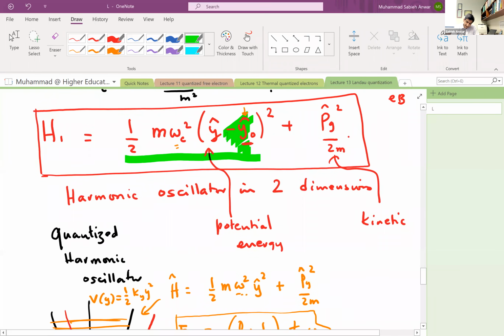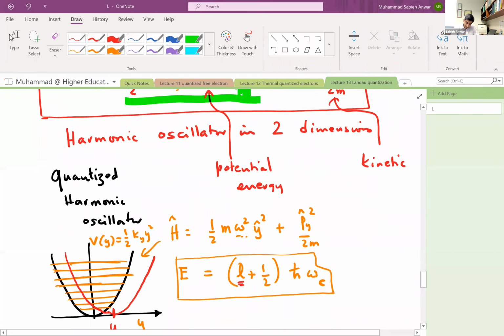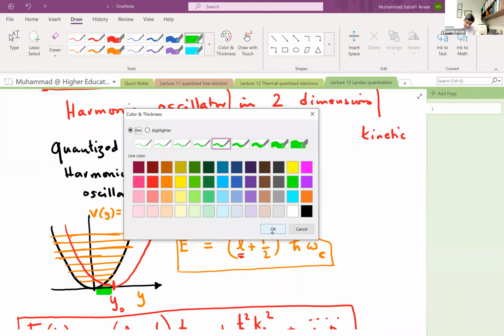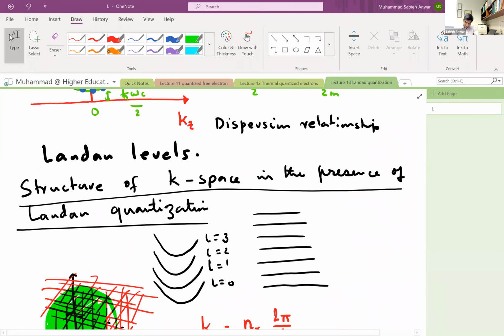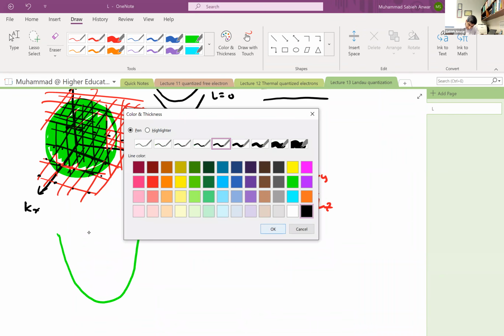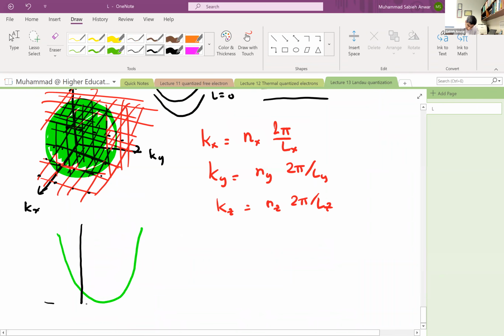I see that my harmonic oscillator potential is displaced along the y-axis, right, by this much, y naught. And this y naught, let me redraw this diagram. So this is my potential, effective potential.